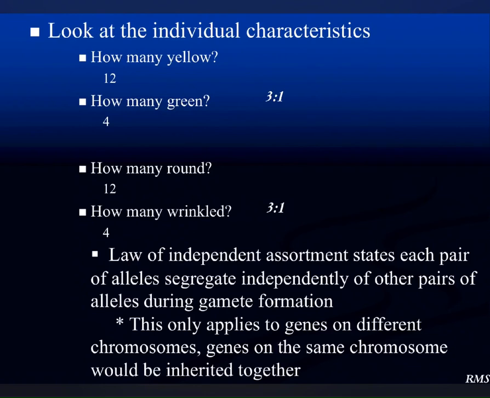If we go back to that characteristic of a yellow seed that's round, or let me use letters that you can see are different. So let's say we have a heterozygous for one characteristic and a heterozygous with another characteristic. What I want you guys to be able to do is tell me what would end up in the sperm cell, because these are going to separate apart and these are going to separate apart.